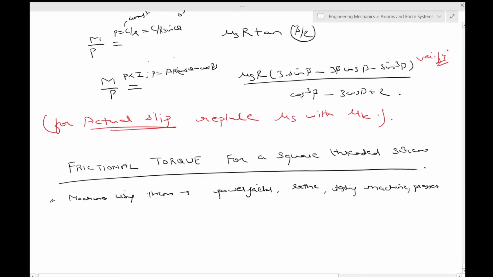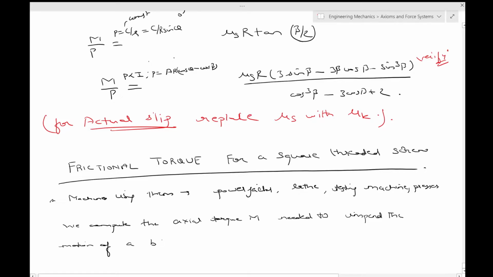Now what do we have to do? Something similar to what we have just done. We want to compute the axial torque M needed to impend the motion of a bolt.